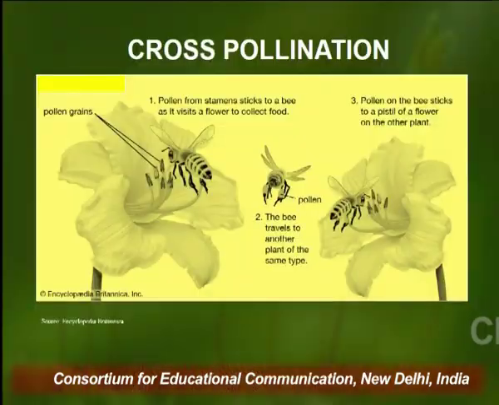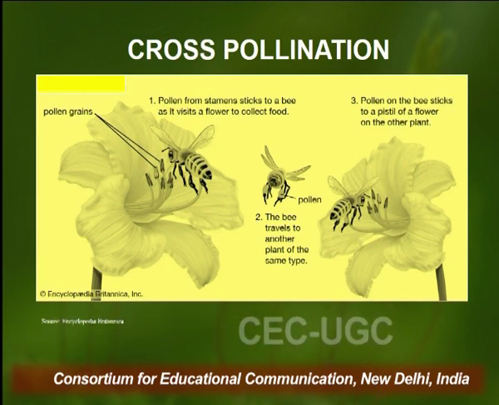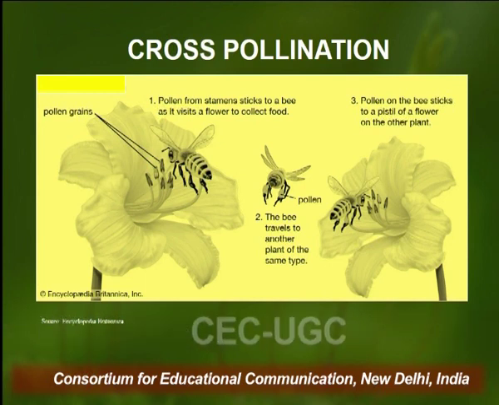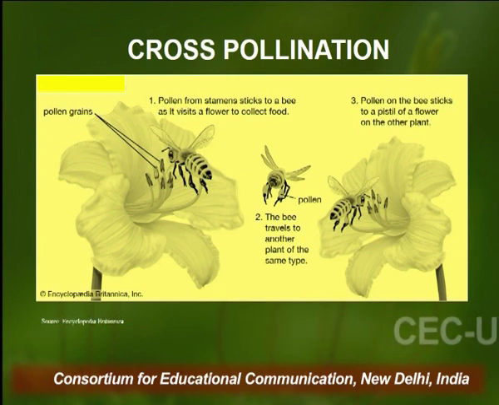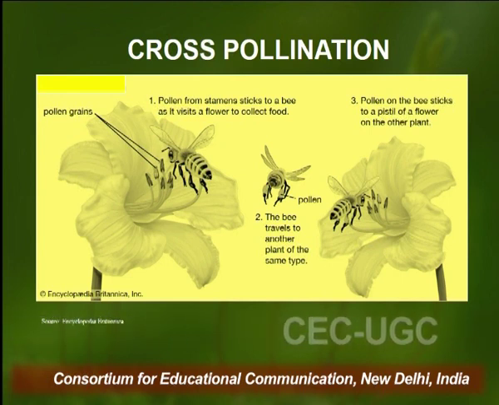Now, you can see on the left-hand side there is a bee visiting a flower. It is probably visiting the flower for the pollen grains, which can be a source of food for the bee. The bee can also be extracting nectar, and in the process the pollen grains get deposited onto the body parts of this bee.